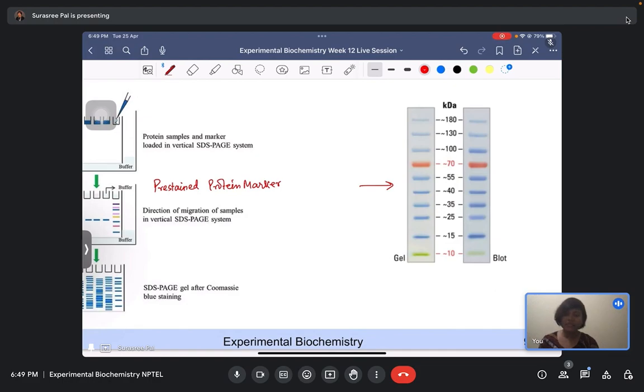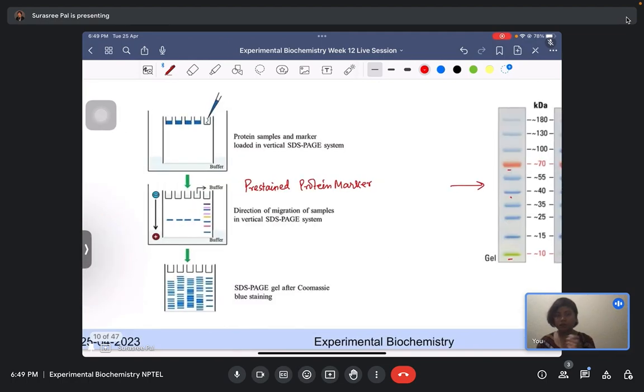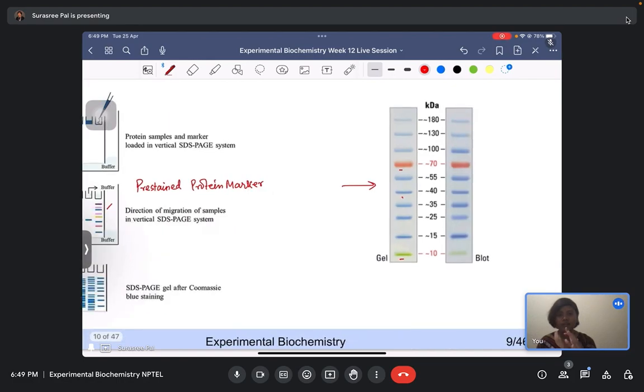That is why we use a pre-stained protein marker, because it has different colors, like green, red, and blue. We can visualize these markers with the naked eye when they are running in the gel.